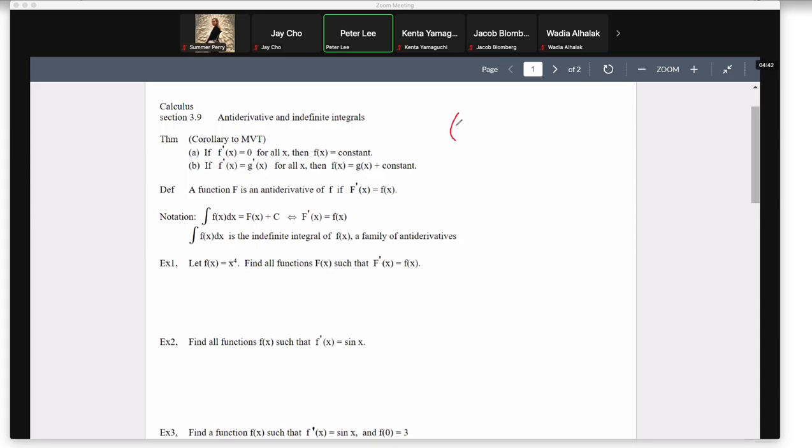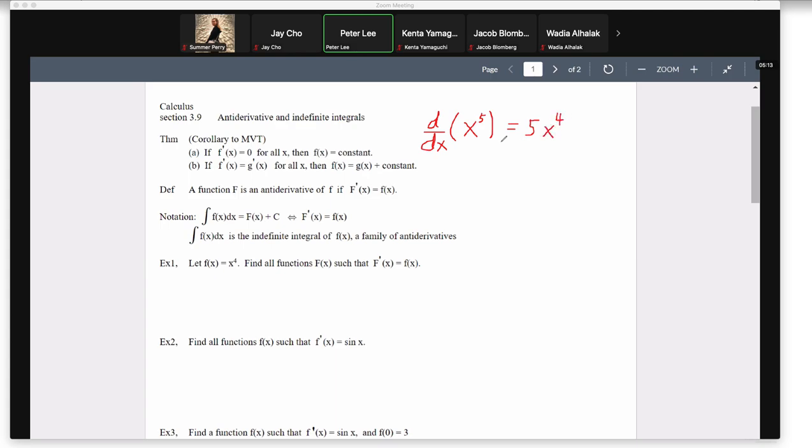Let's say we have x to the fifth power. Now we want to take the derivative with respect to x, so d/dx of x to the fifth power. What is that equal to? That is equal to 5x to the fourth power. So d/dx is the derivative notation.